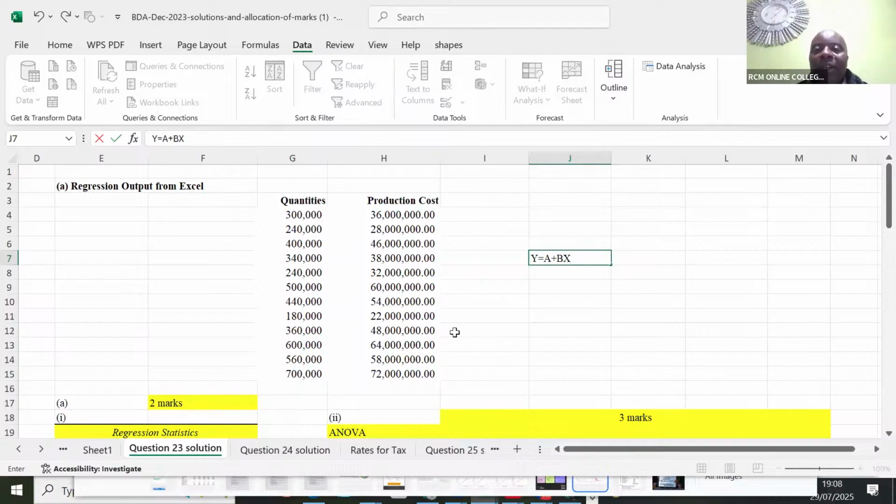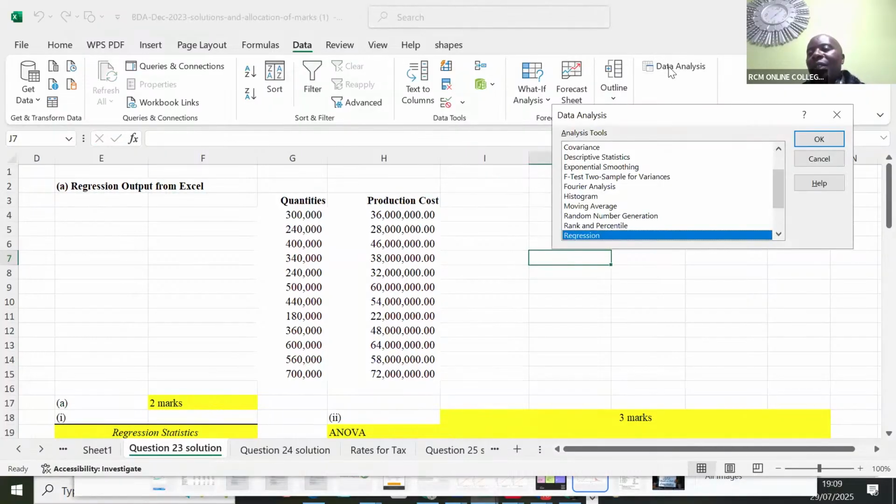It's very, very easy. What you need to do is click on the data tab on your ribbon, and then go to data analysis. Once you click on data analysis, you'll see this data analysis toolpack.